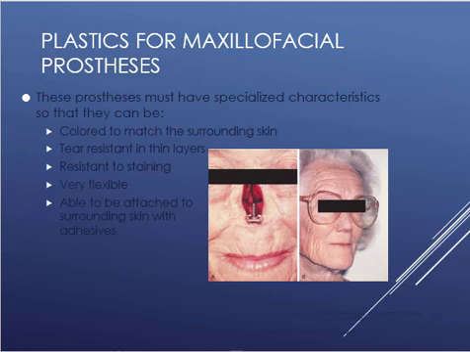These prostheses have specialized characteristics so that they can color match to surrounding skin, be tear resistant in thin layers, resistant to stain, very, very flexible, and attached to surrounding skin with adhesives. So this picture right here is of a flexible acrylic prosthesis for a nose that was lost to cancer. So look how good that nose looks. I would never guess that that is a fake nose. Okay.